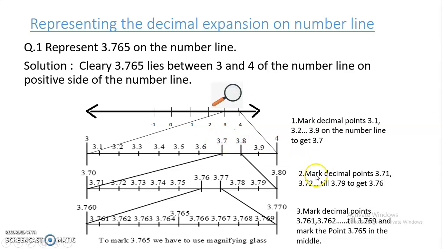On the second number line, mark the decimal points 3.71, 3.72 to get the next digit 3.76, and again mark the decimal points 3.761, 3.762 till 3.769, and mark the point 3.765 in the middle. This is how you can represent the decimal expansions on the number line. I hope you have understood this question also.